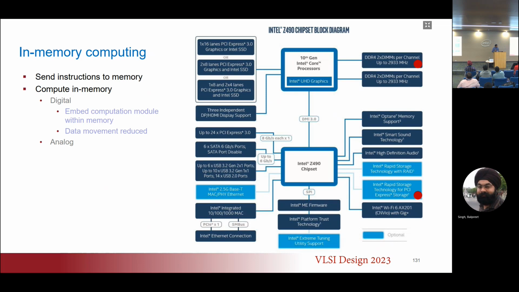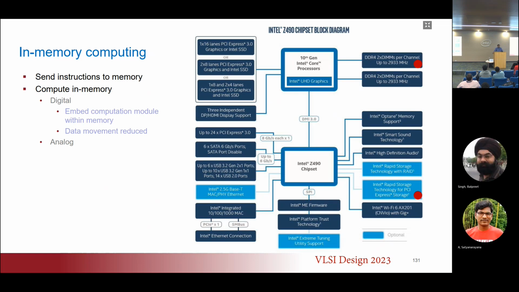Again, we talked about in-storage, and this would be somewhere here, the red dot, and somewhere up there the red dot is in-memory computing. If you take one of the DRAM slots on your system and plug into it something which already has a machine learning accelerator, you can store the data in whatever DRAM exists in that slot.